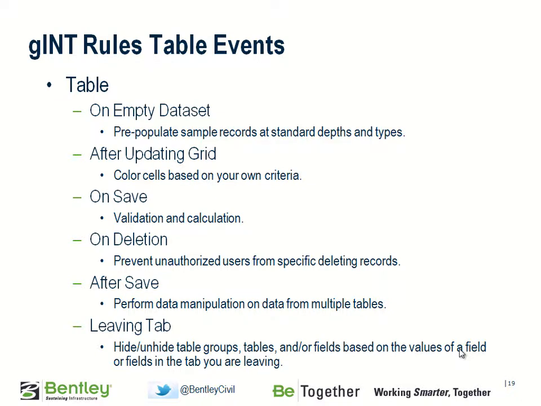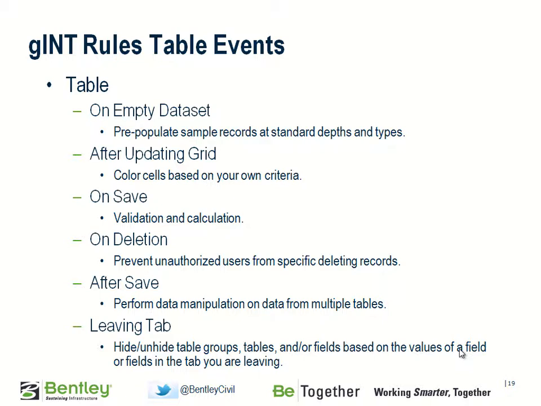Then we've also seen gINT rules table events that are related to tables. And here are the events available and what we can use them for. An empty data set event is used often to pre-populate sample records at standard depths and types. After updating grid is used to color cells based on your own criteria, for example exceedances, and you can color them red so you can spot them immediately.